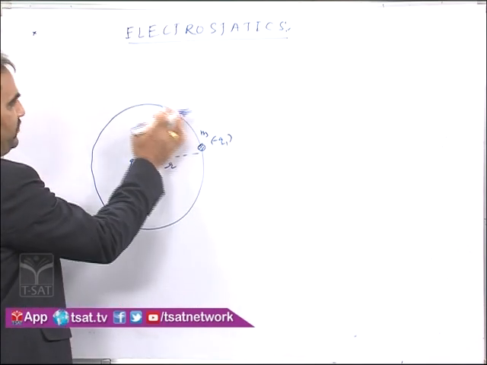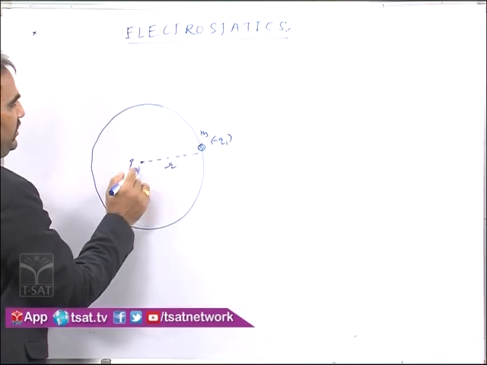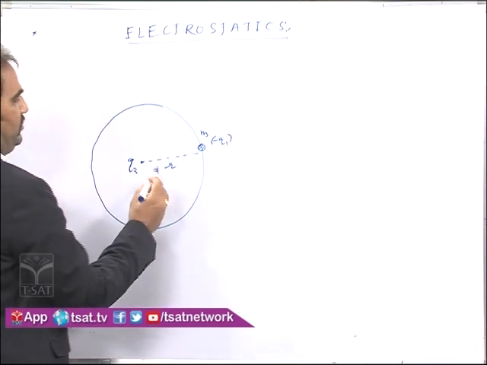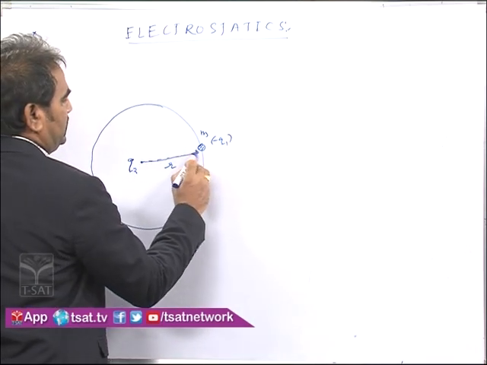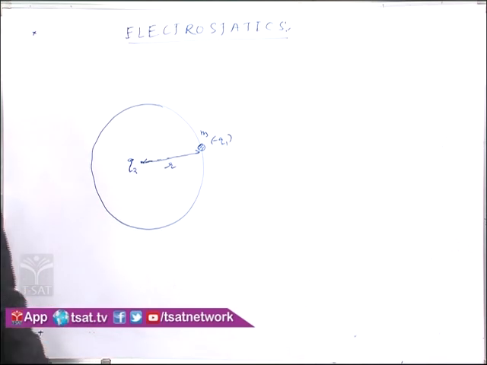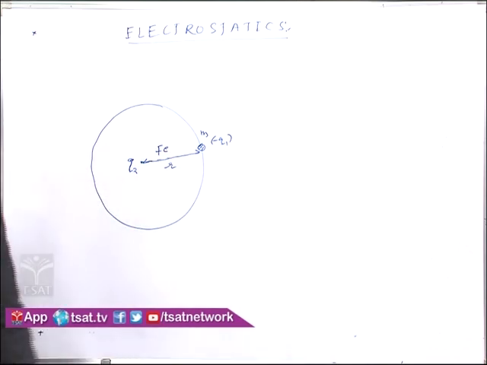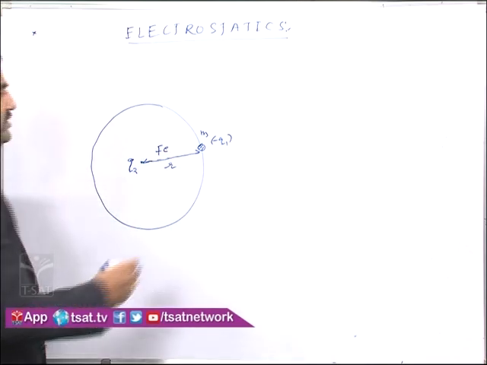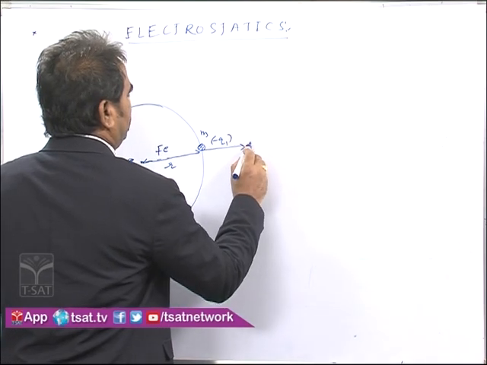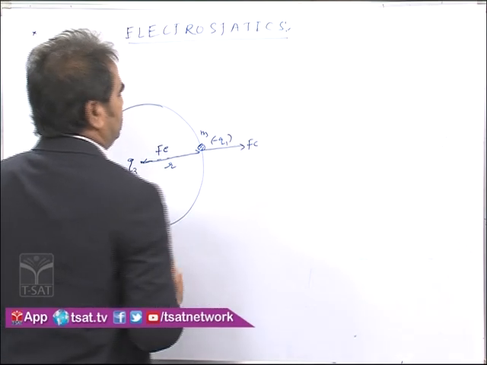When the charge is revolving in a circular path around a fixed charge q2, an electrostatic interaction force is present between these two charges. This electrostatic force Fe is balanced by the centrifugal force Fc.